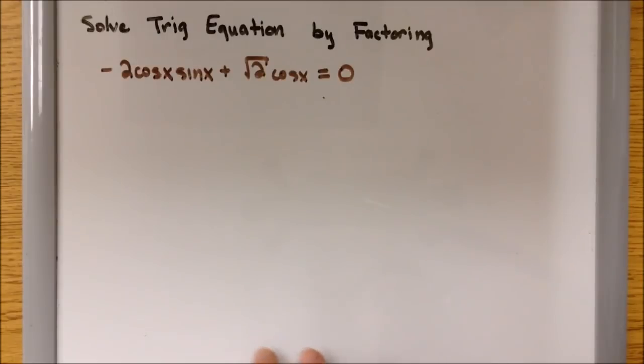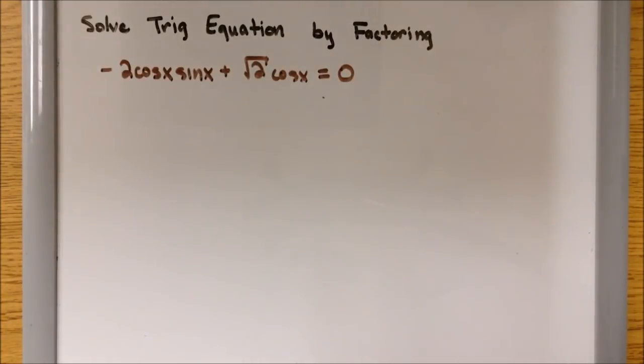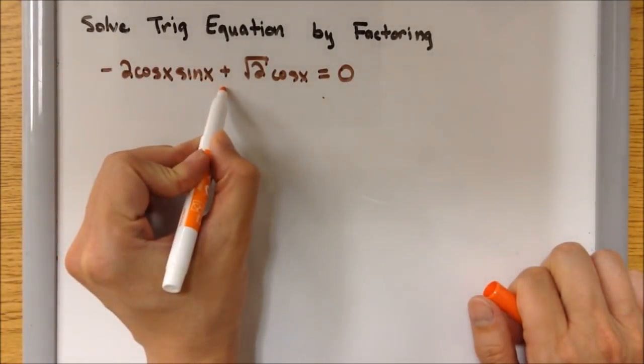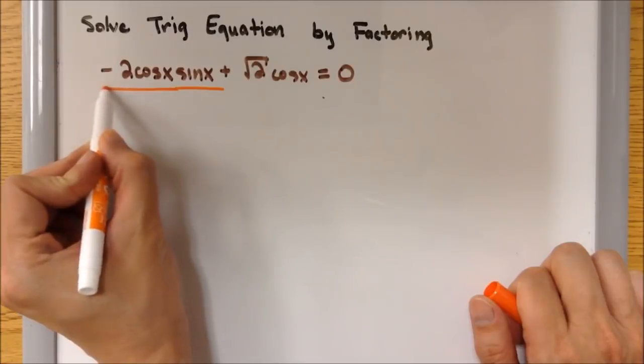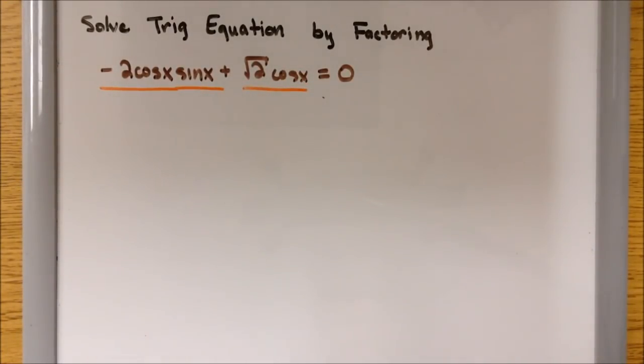Now, with this example, I'm going to align that there are two parts separated by this plus. So now you can see that there are two parts, and my next question would be, what is in common between those two parts? And you would say cosine of x.